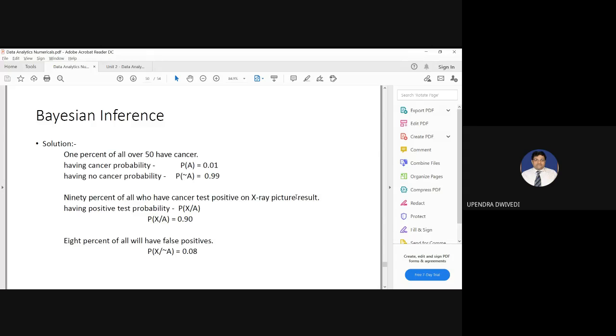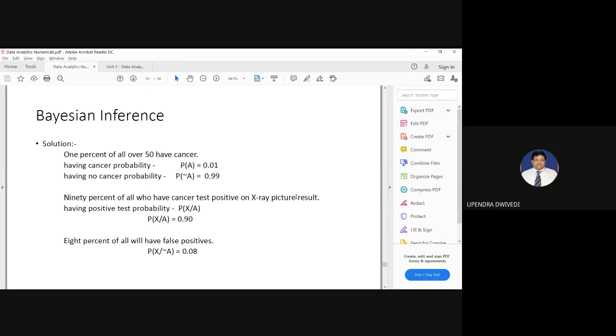Then we can find out the having-no-cancer probability. So the probability of not having cancer will be 0.99, because the probability of cancer and no cancer will always add up to 1. So we can derive the no-cancer probability by applying 1 minus the probability of having cancer.